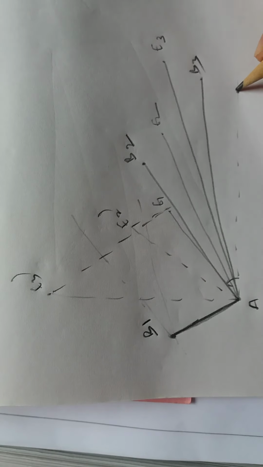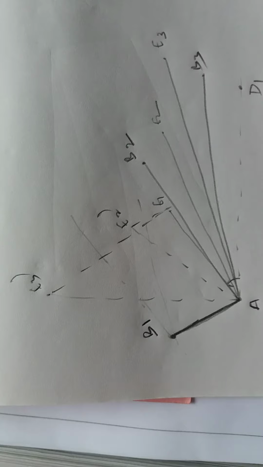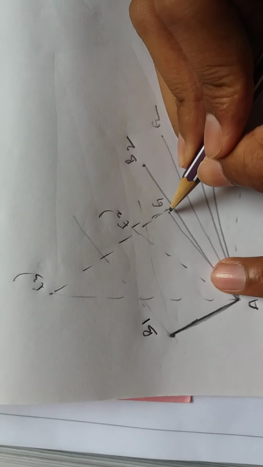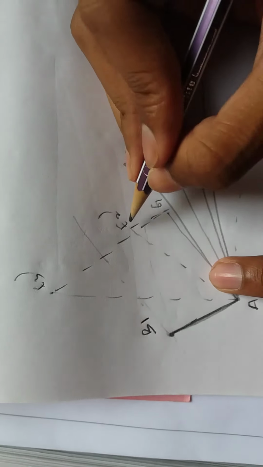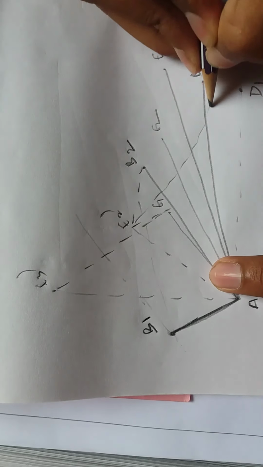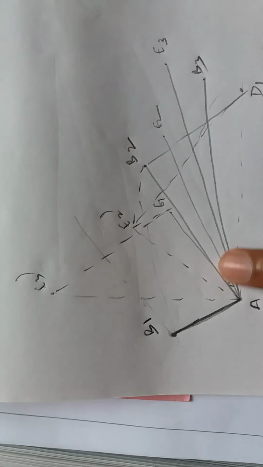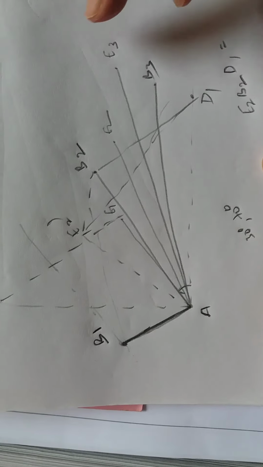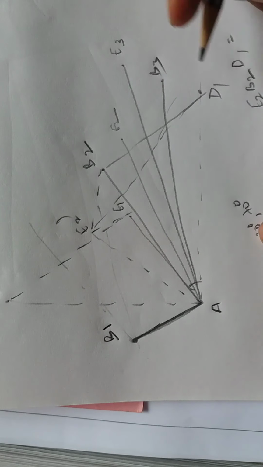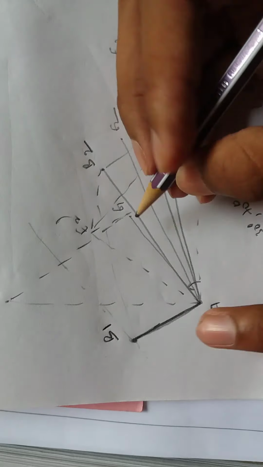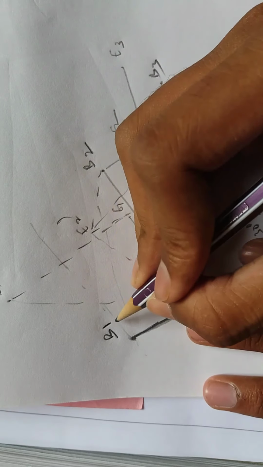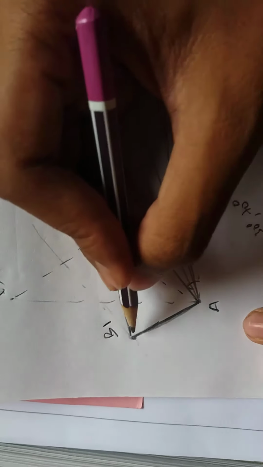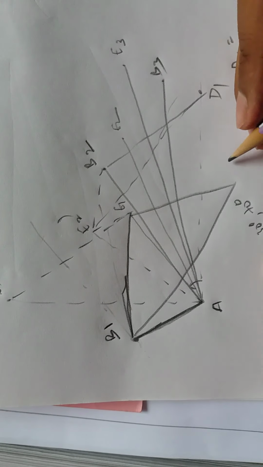Now assume some point D1 on this line, and we'll construct one triangle here, which is E2 B2 D1. Join E2 B2 D1, and using this triangle E2 B2 D1 we will construct another triangle, which is E1 B1 D2. We will get D2 something like this.